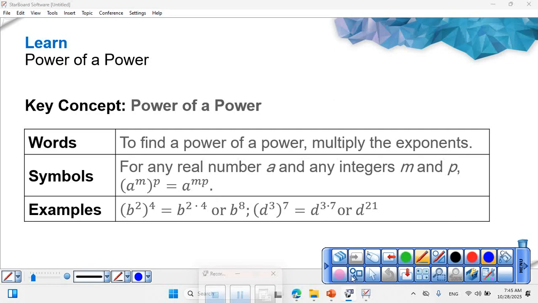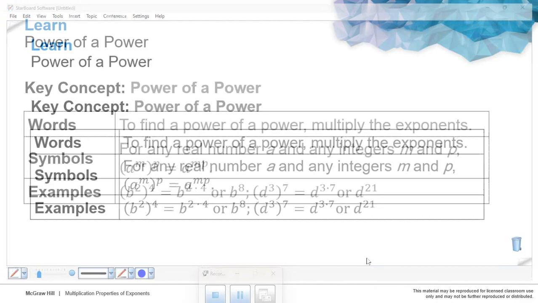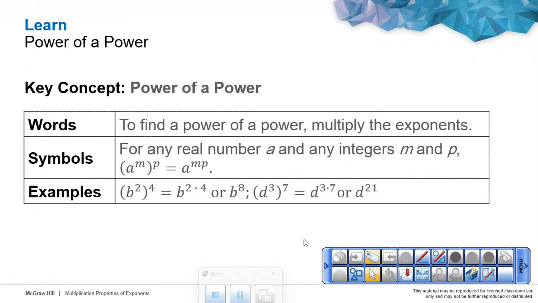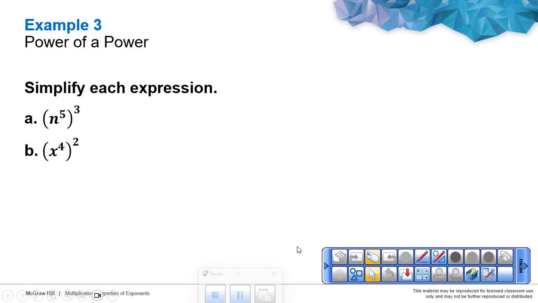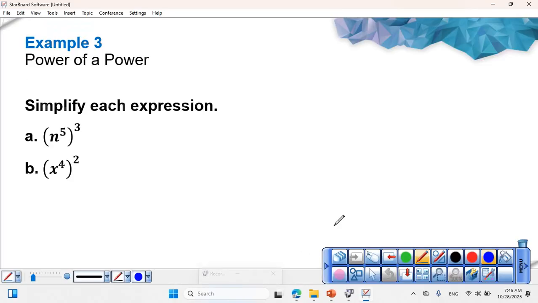Okay, let's move to the next example, as you see here. How to solve these examples? In the same way, I will explain step by step. As you see, this is power to a power. Here, n to the power 5, to the power 3.